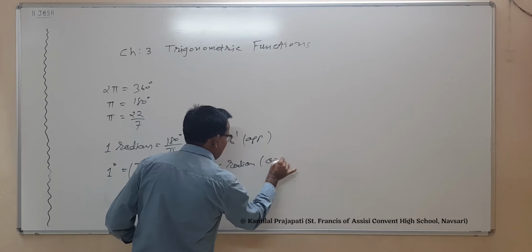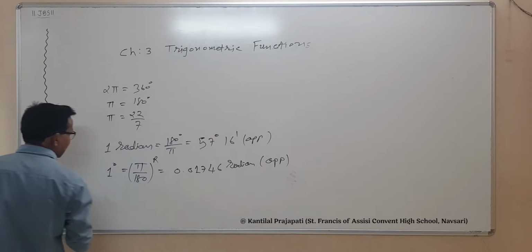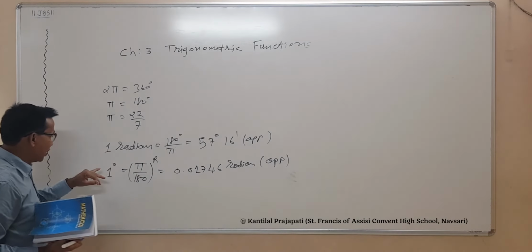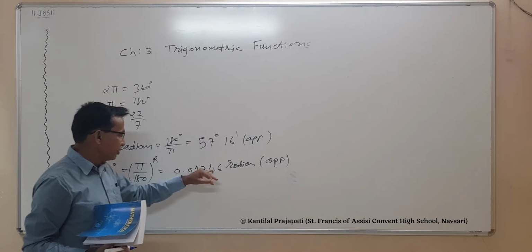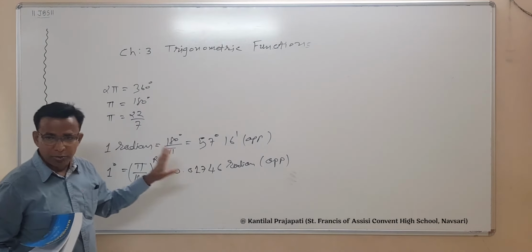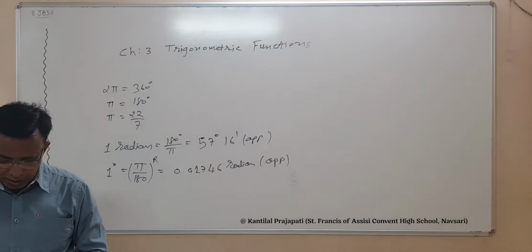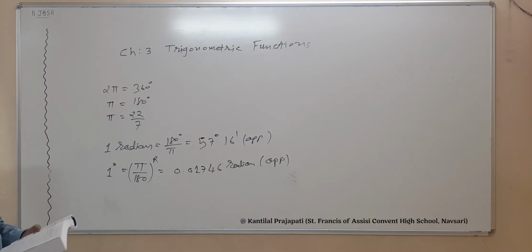Remember this value: 1 radian is equal to 57 degree 16 minute, and 1 degree is equal to 0.01746 radian. Now we convert. First example, illustration number 1: convert 40 degree 20 minute into radian measure.